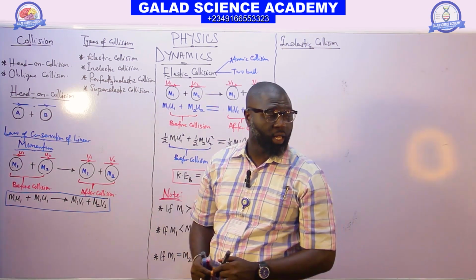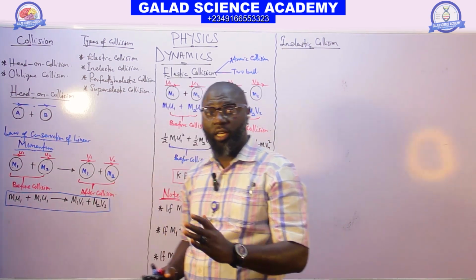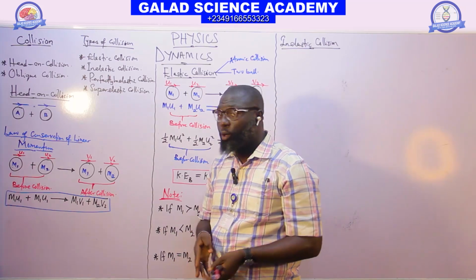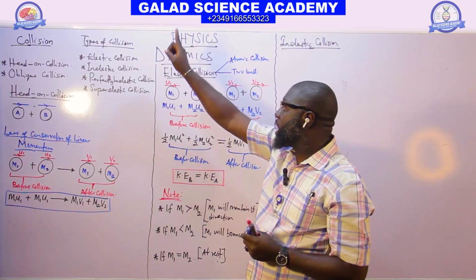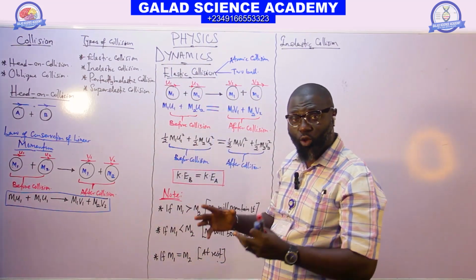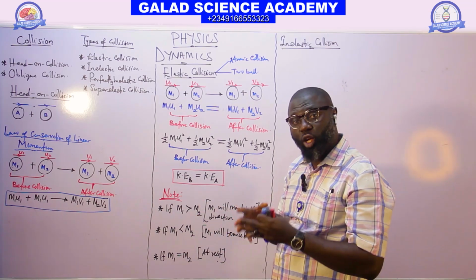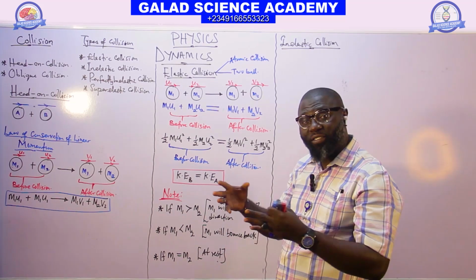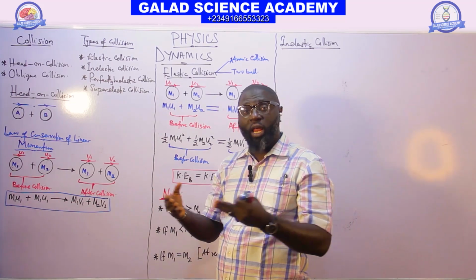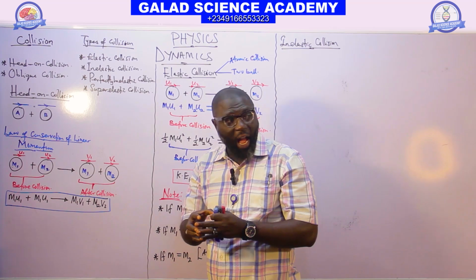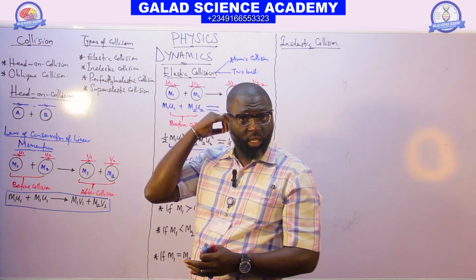Inelastic collision is a kind of collision in which only momentum is conserved, but kinetic energy of the body is not conserved. And after the collision, the two colliding bodies stick together and move with the same velocity.